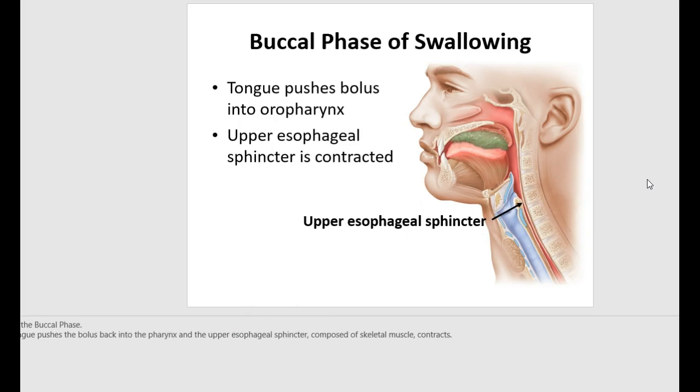The first phase, the buccal phase of swallowing, the tongue pushes the food bolus into the back of the oral cavity, or into the oropharynx right here. Initially, this upper esophageal sphincter is relaxed, but as the bolus passes, it contracts.